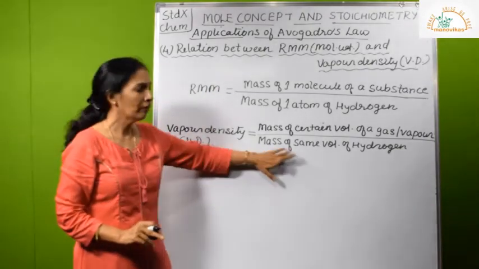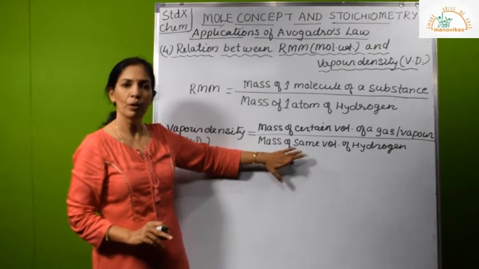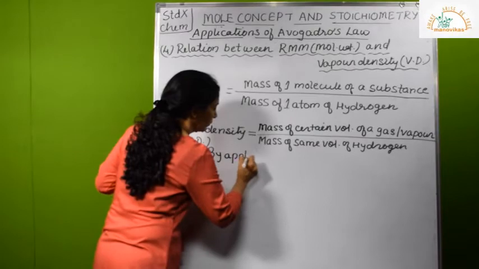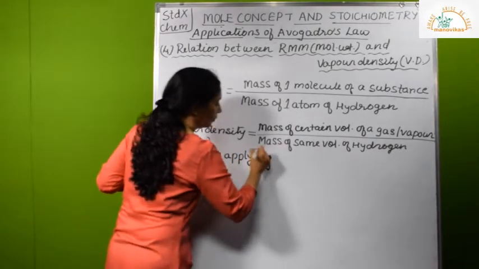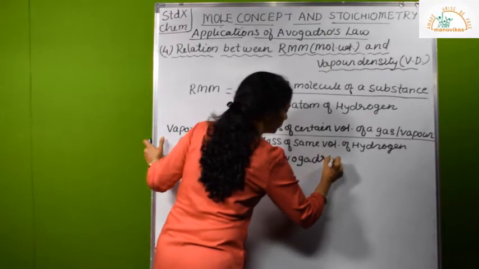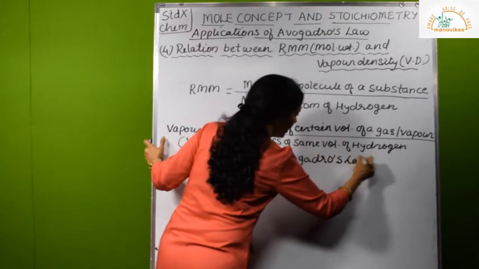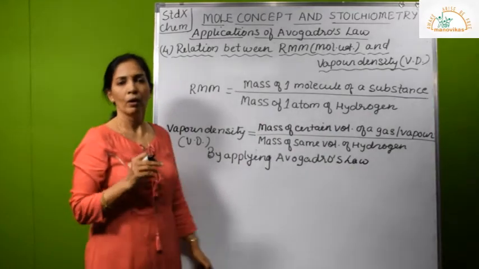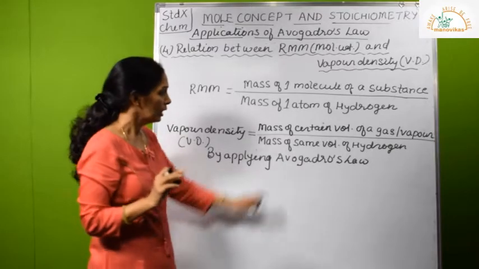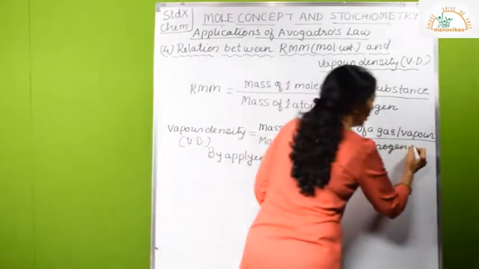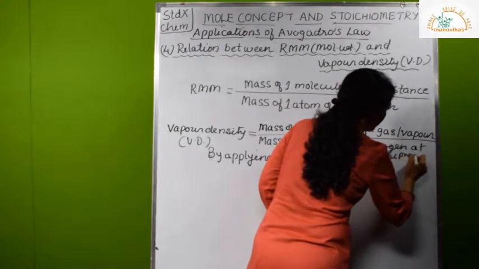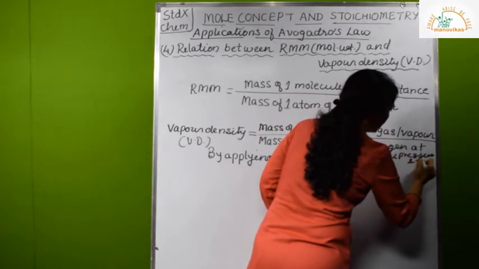So let us apply Avogadro's law to this formula of vapor density. What it says: equal volumes of all the gases under similar conditions of temperature and pressure contain equal number of molecules.